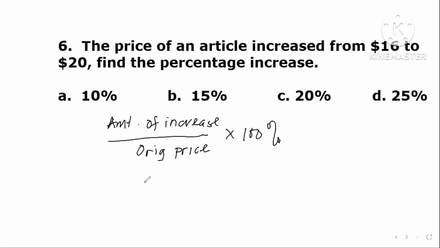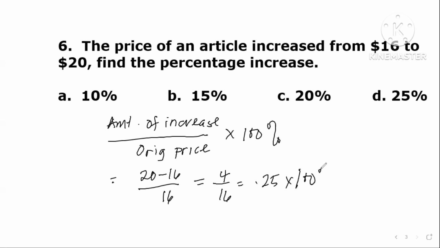Since the amount of increase from 16 to 20 is 20 minus 16, you just divide that by 16 because 16 is the original price. So, that is equal to 4 over 16 or 0.25. That's 1/4. So, times 100%, that is equal to 25%. Okay? So, the correct answer is letter D.